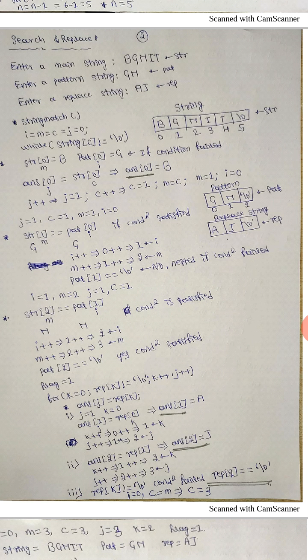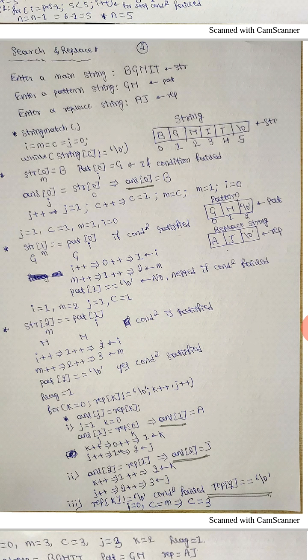And again assume that instead of my pattern string as GM, it is GB. Now when we compare the first character of the string and the first character of the pattern, it will not be the same, because the first character is B and the next character is G, so there is no match.